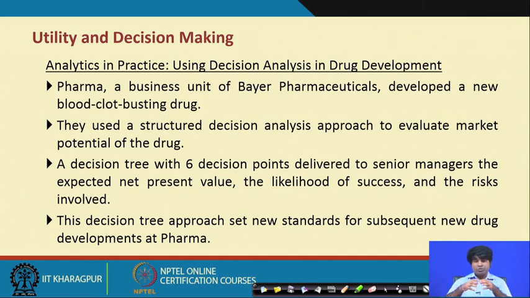So the decision tree or decision analytics gives more flexibility corresponding to different situations and requirements.